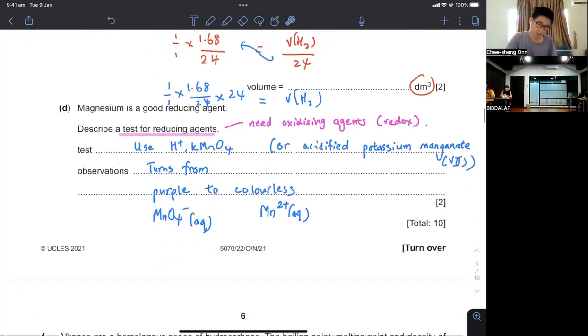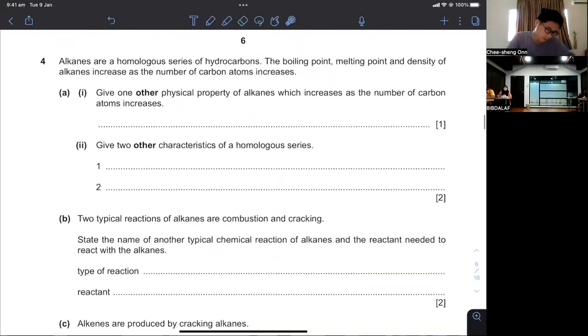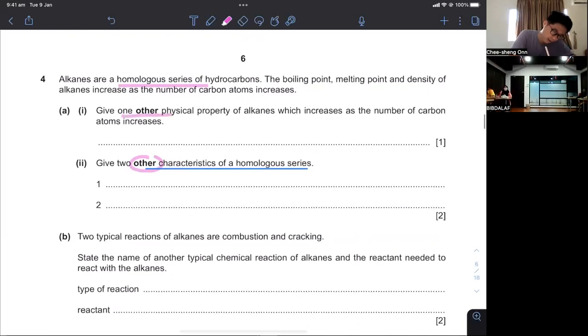Okay, now we're going to move on to the next question. So alkanes are a homologous series. You know what the characteristics of homologous series are. They did say other characteristics, because they already talk about one, other physical properties. The keyword is physical properties, so not chemical property.